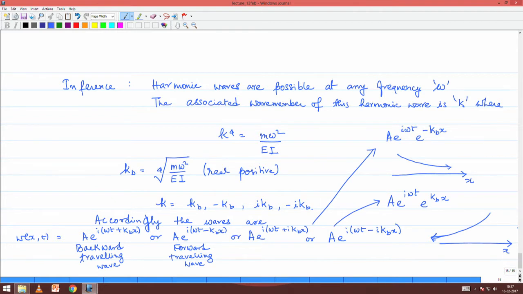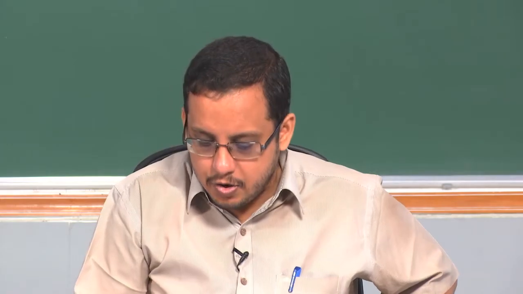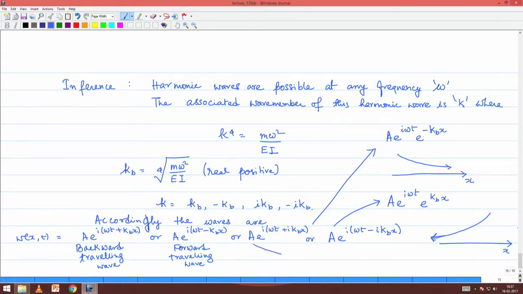So, we will interpret e to the power minus kb x as the one which decays in the positive x direction, and e to the power plus kb x as the one which decays in the negative x direction, instead of doing it the other way. So, what we are going to call these two waves is the following. This is called an evanescent wave; both of these are evanescent waves.